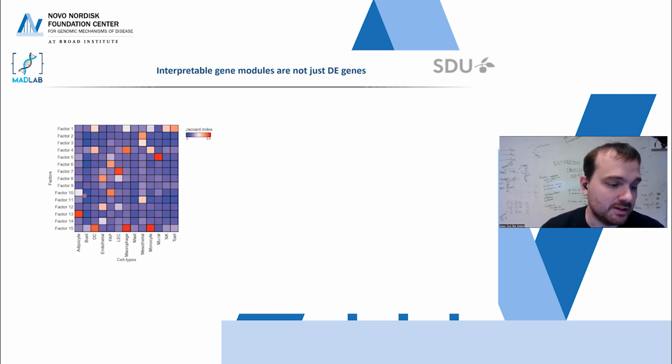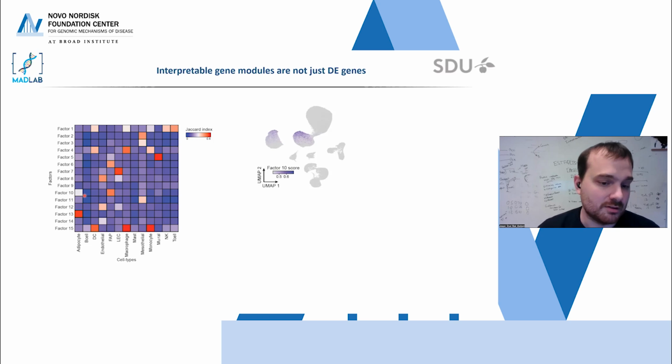And if we look at the enrichment of factor 10, we can see that it actually has a quite interesting enrichment. So these cells right here are adipocytes, and these are the FAPs. And we can see that factor 10 is high in a subset of FAPs and also in a subset of adipocytes.